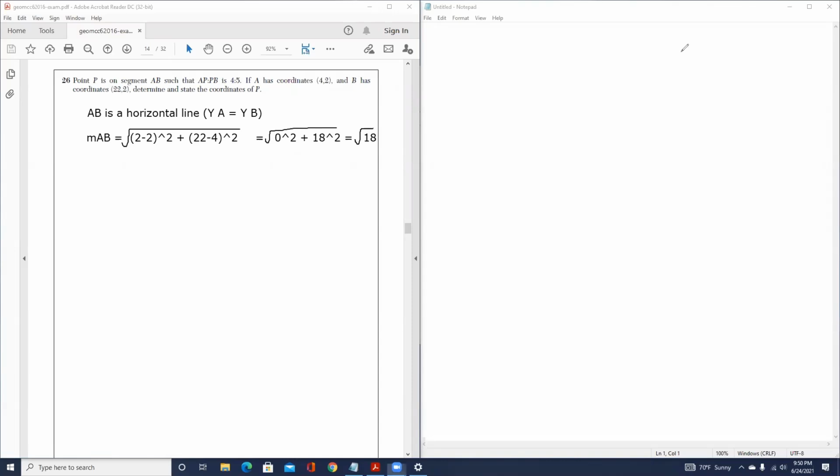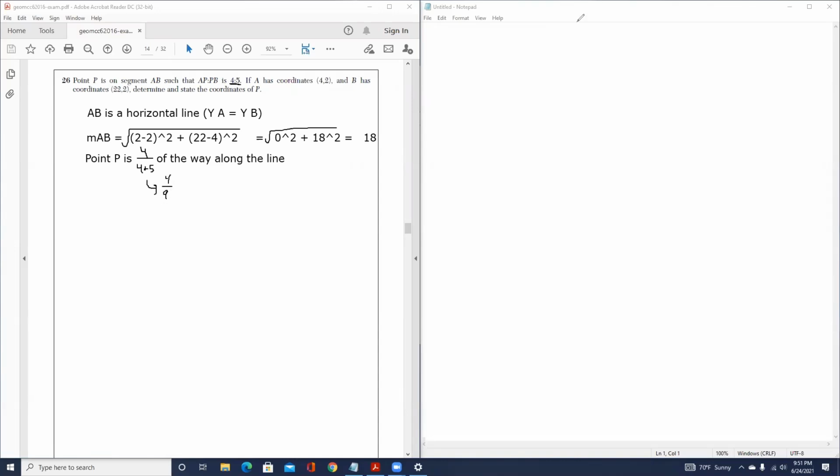Whoops, actually, there shouldn't be a radical under that. We know that if this ratio is 4 to 5, then that means that point P... and this simplifies to 4/9.